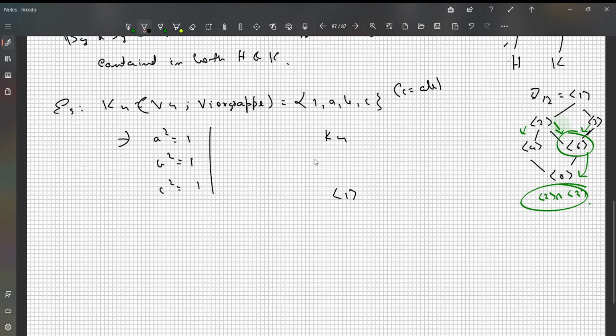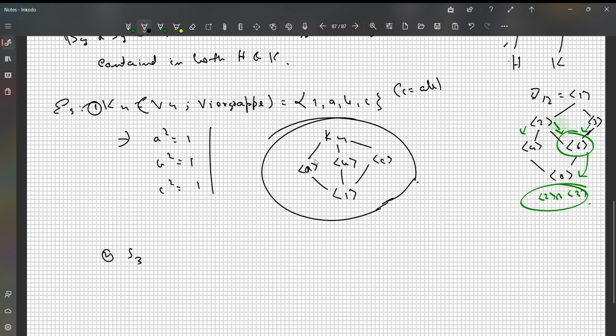So you have K4 and you have the identity group 1, right? Now the immediate subgroups containing 1 are A, B, and C, and they are immediately subgroups of K4. So this is the lattice diagram. I won't be following this procedure anymore because I think it's pretty visually understandable. Clear?